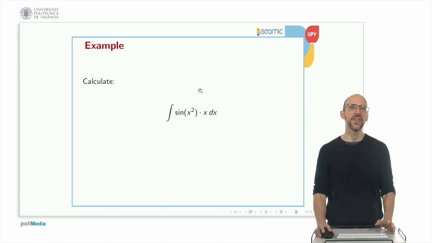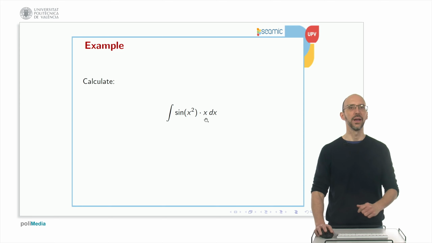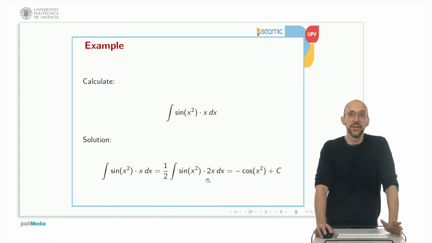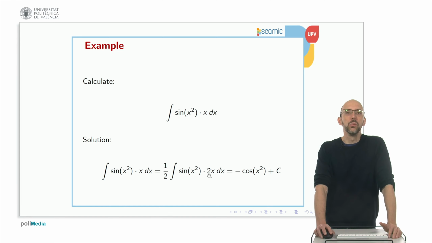But if x is there and the only thing missing is a constant, I can solve it. How are we going to solve it? Very easy. I'm going to multiply the x inside the integral by 2, and I'm going to compensate this with 1/2 outside. Okay, now the integral has everything I need, sine of a function and the derivative outside.